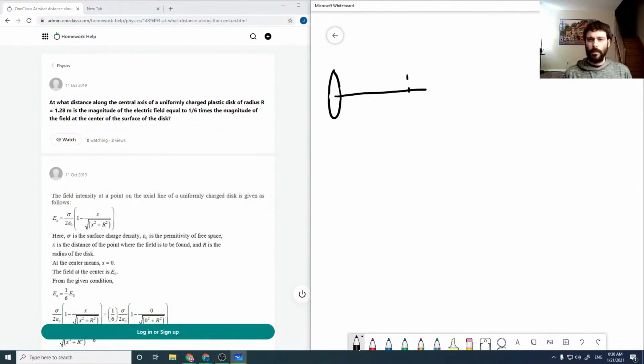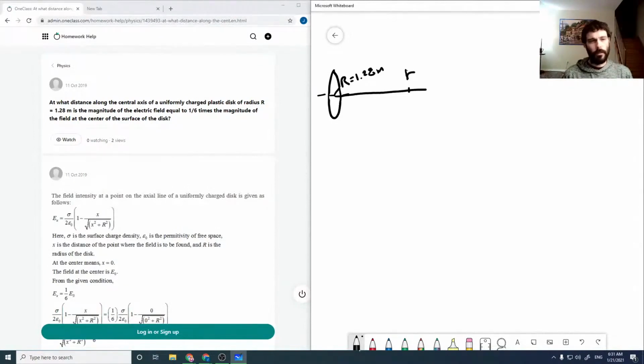So what distance, and I'm going to call it R, along the central axis of the disc, which has a radius R equal 1.28 meters, is the E field 1/6 the magnitude of the field at the very center of the disk.